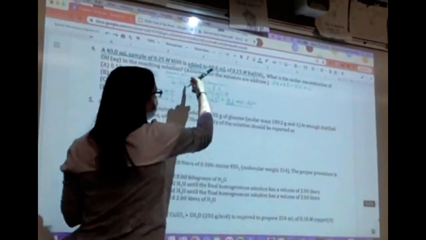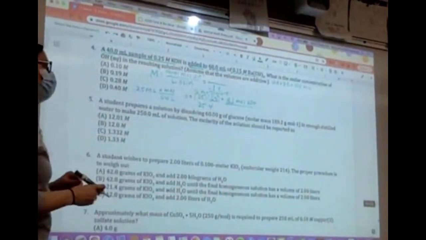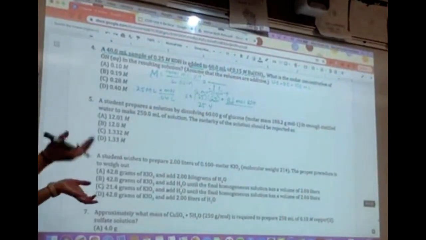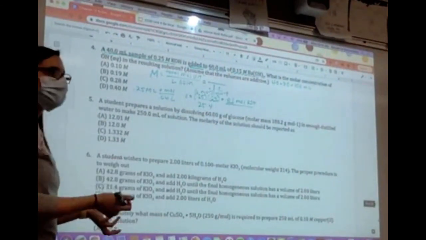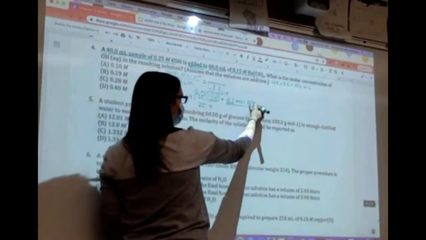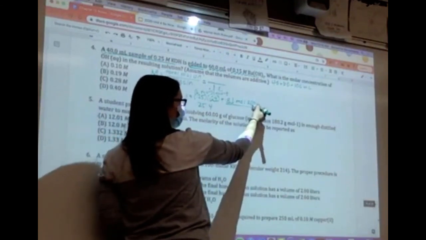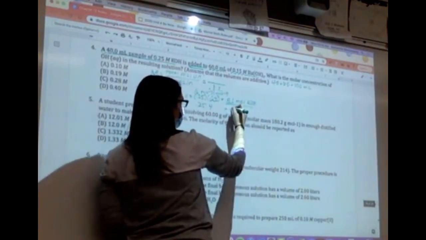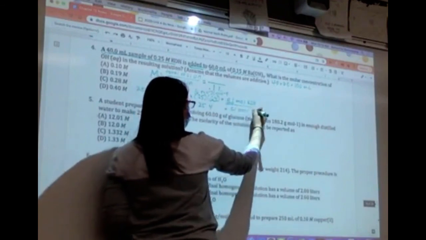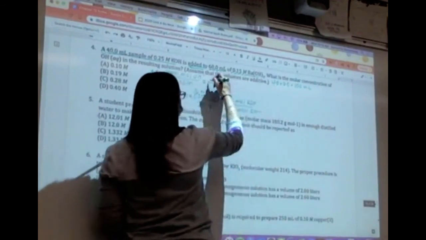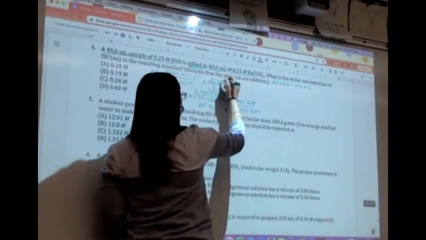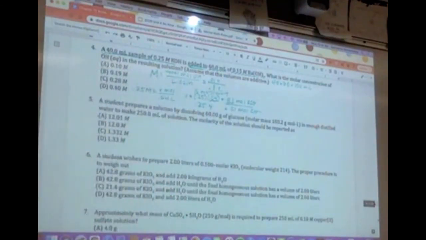Now remember, I want OH minus. What's my ratio of KOH to OH minus? For every 1 KOH, I have 1 OH minus. That means I have 0.01 moles of OH minus coming from KOH.